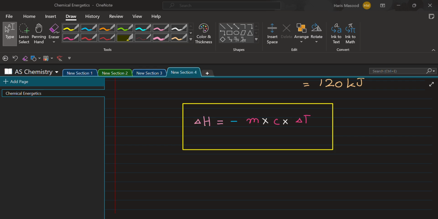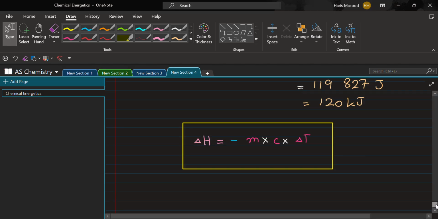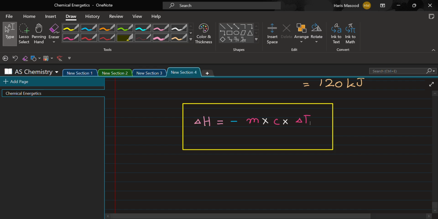Then we have Q over, yeah, that is another formula. I will be teaching that as well now.